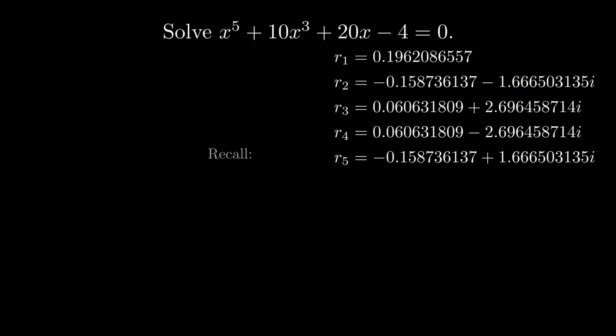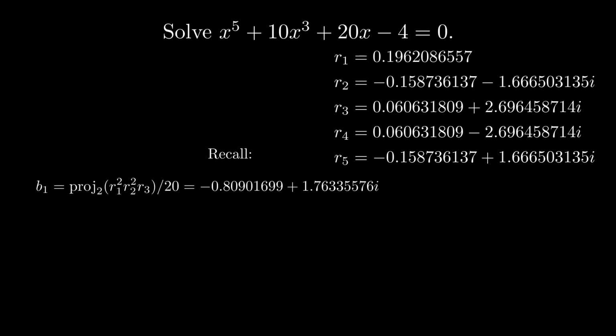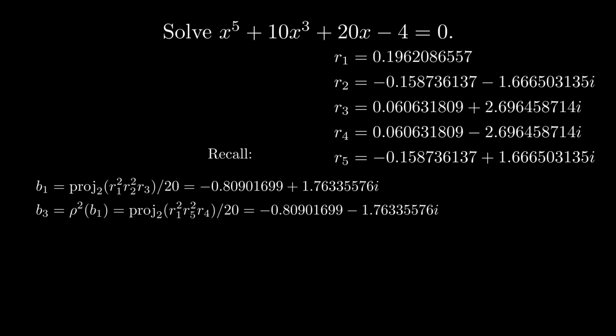And then we remember all the work we did. B1 is some well-defined combination of the r's. Computing it gives negative 0.809 plus 1.763i. And B3 was rho squared applied to that, which is some other well-defined combination of the roots, equaling the conjugate of B1.